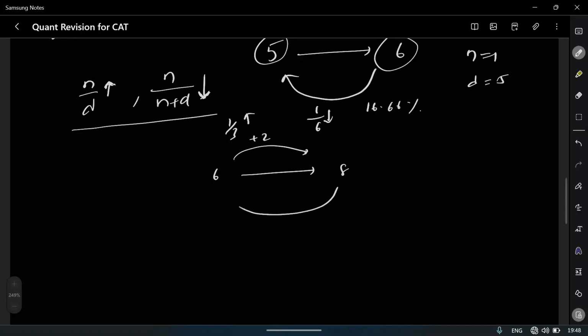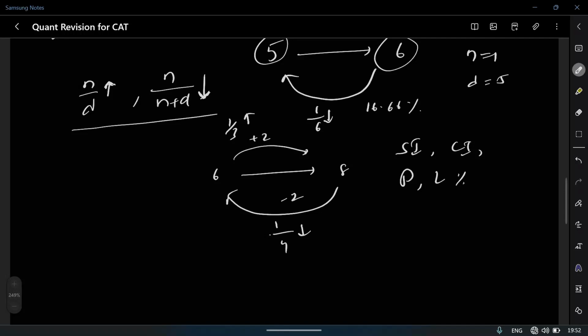And when 8 becomes 6, the decrease is 1 by fourth of decrease, like minus 2, right? So 1 by fourth of decrease in 8. So when are we going to use this is simple interest, compound interest, profit, loss, percentages. In this, we are going to use this n by d and n by n plus d concept.